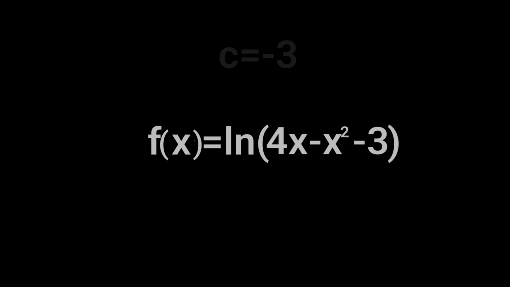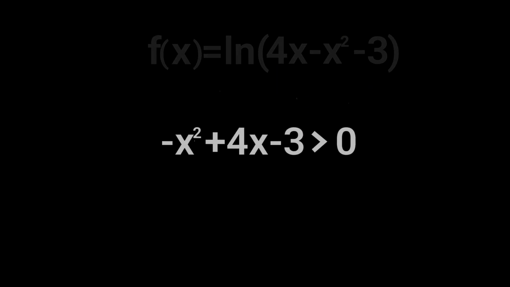Now, in order to check where this function is defined, we're going to use the 4x minus x squared minus 3. So I'm going to take the 4x minus x squared minus 3 and set that greater than 0.